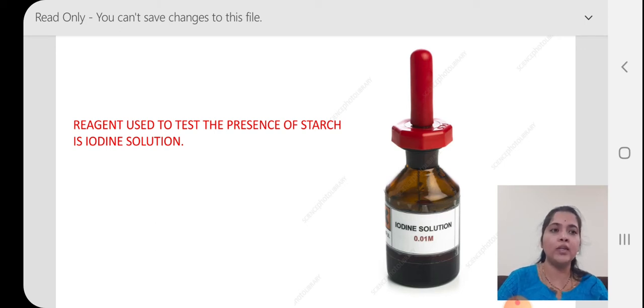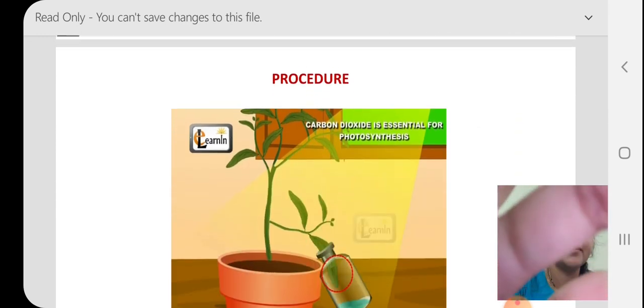So if you know this, then we can move to the procedure, and we have already discussed the presence of starch experiment. In this, iodine solution is used. The very important reagent used to test the presence of starch is iodine, remember.